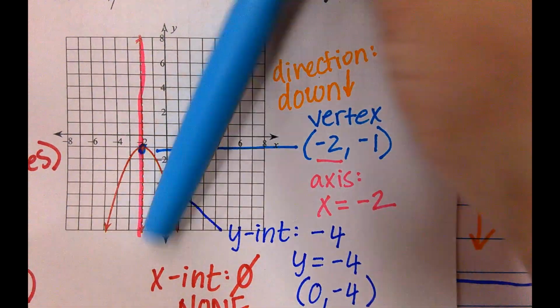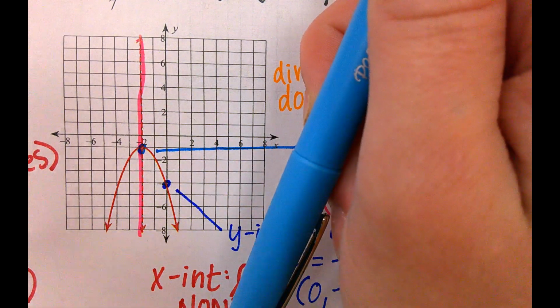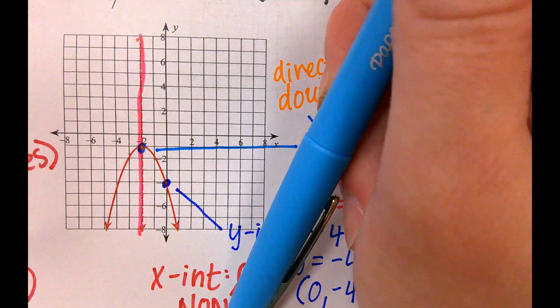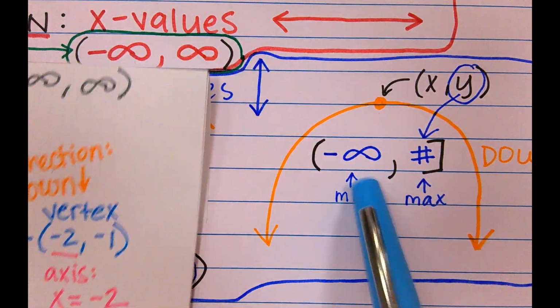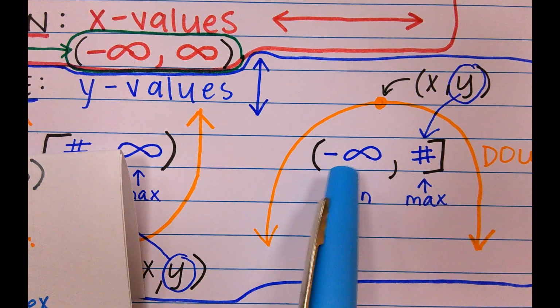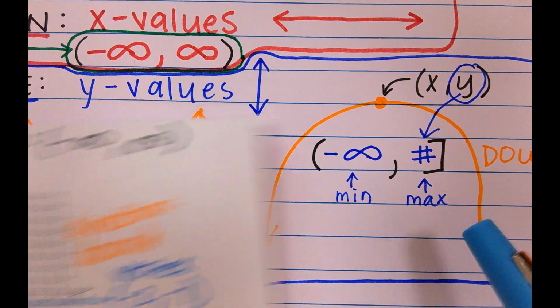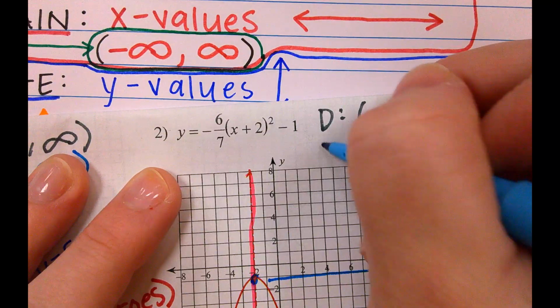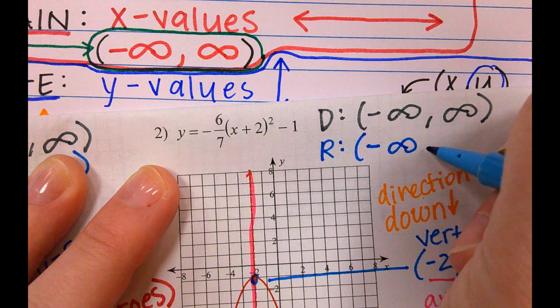Yes, this one is going down. So there is no lowest value. It goes down and extends to -infinity. It never has its lowest point. That's why when we're facing down, the starting point is -infinity. So my range right here will start with -infinity.